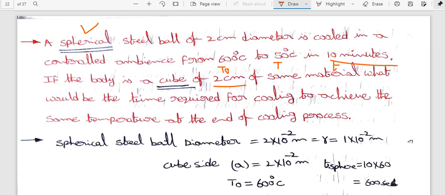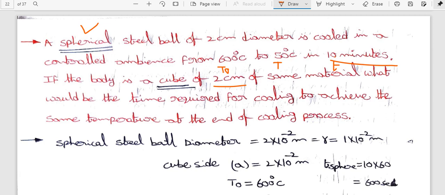What would be the time required for cooling to achieve the same temperature at the end of the cooling process?